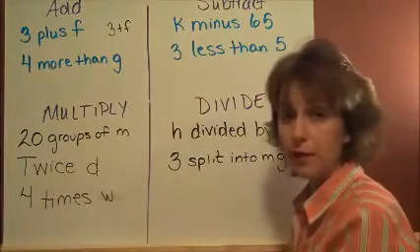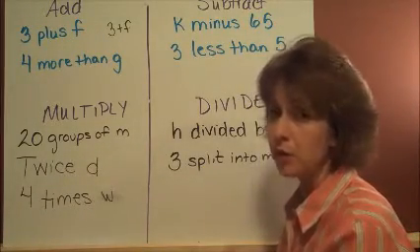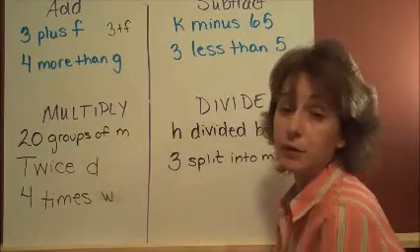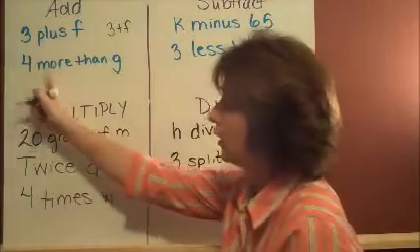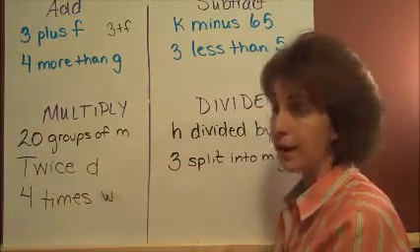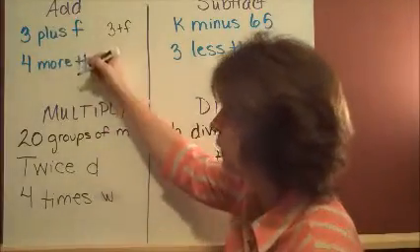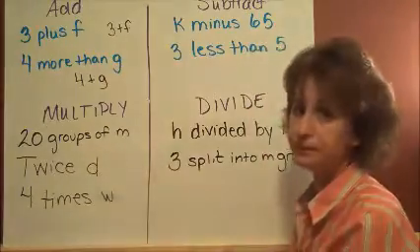In this situation, there is no way to evaluate my expression because there is no telling me what f equals. So 3 plus f is my expression. 4 more than g. Well, more than would tell me that I would need to add. So I'm going to write 4 plus g.